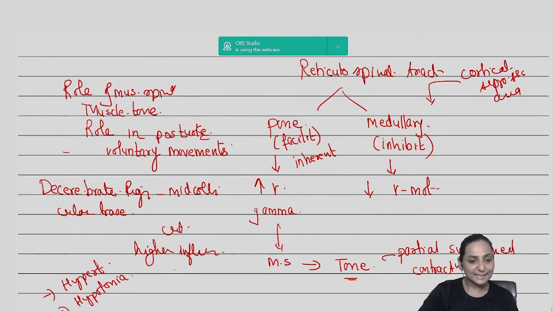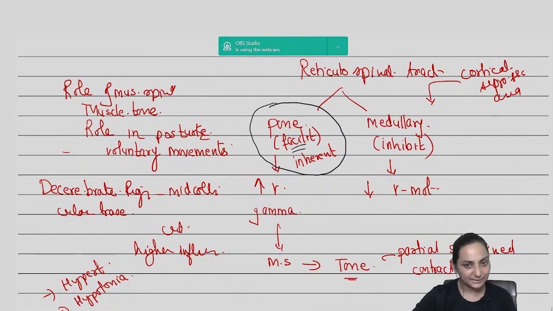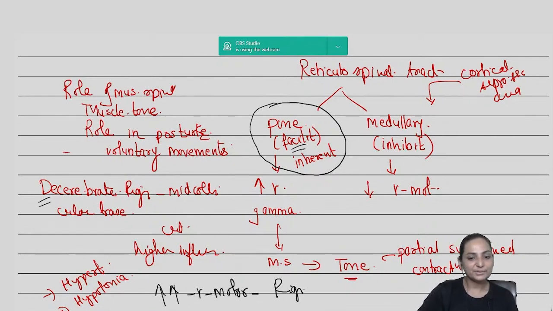The only tract that remains viable is the pontine reticulospinal tract, which is inherently facilitatory. So because the pontine tract is inherently facilitatory and it is the only tract which is remaining active with a mid-collicular transection, it increases the rate of discharge of the gamma motor neurons, and therefore the patient develops rigidity.